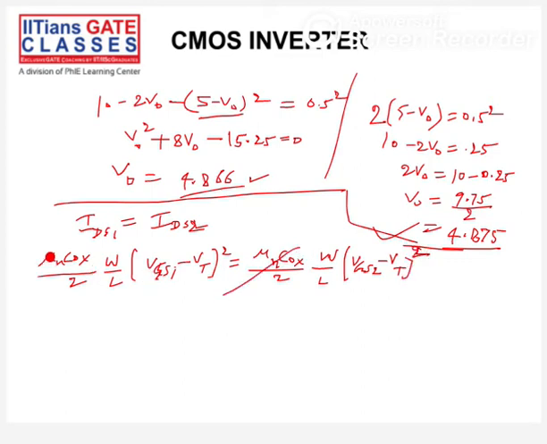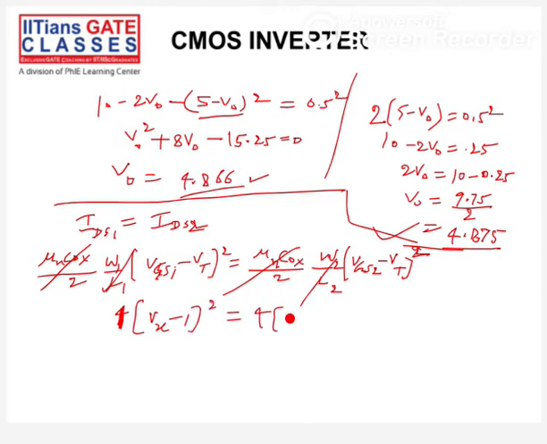So all this will get cancelled. Sorry, this is not cancelled. This is different. This is 1, this is 1, this is 2, this is 2. So 1 in 1 it is 1, and this is Vx minus 1 whole square. This will be equal to 4.